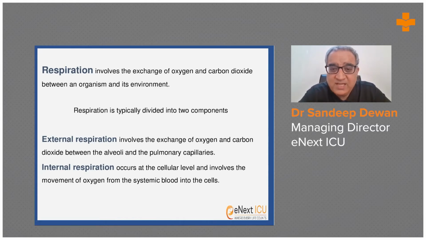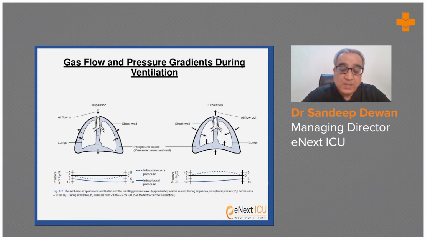External involves the exchange of gases between alveoli and pulmonary capillaries. So the gas comes into the alveoli and reaches the pulmonary capillaries. That is external respiration. Internal is when, at the cellular level, oxygen moves from capillaries into cells, and that is why this is called internal respiration. So this is how gas exchange happens in the body.